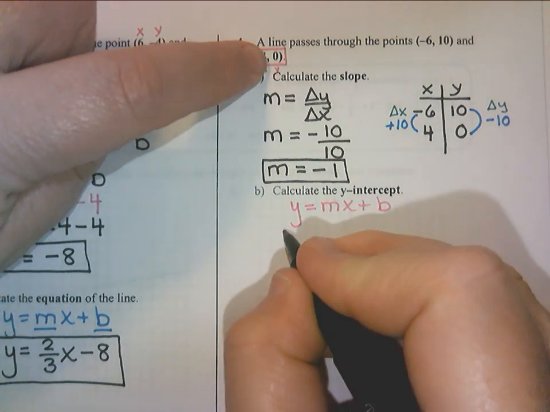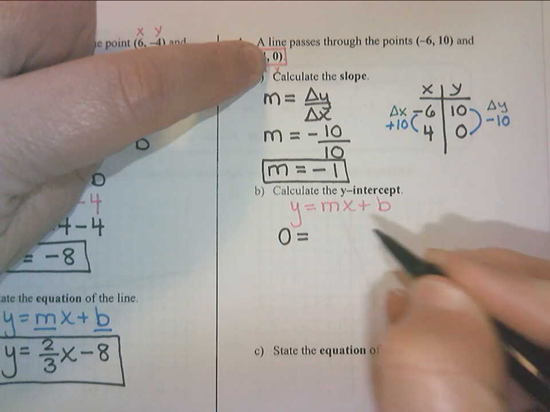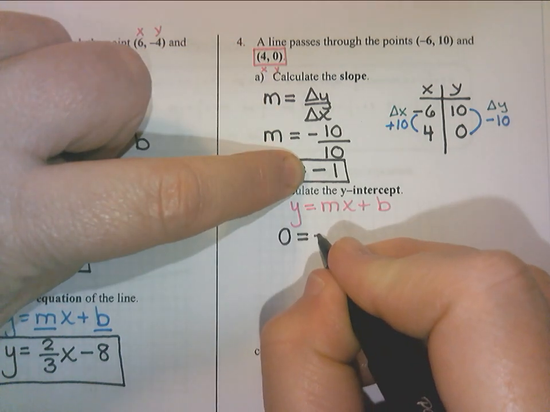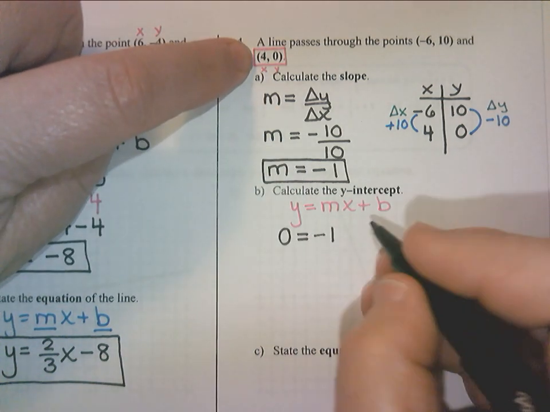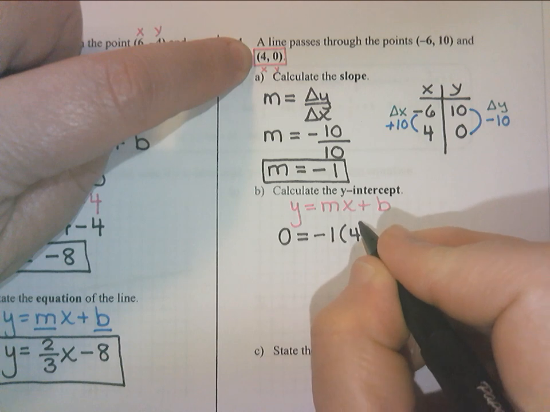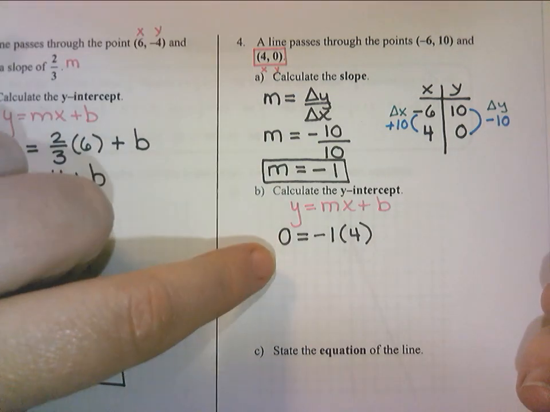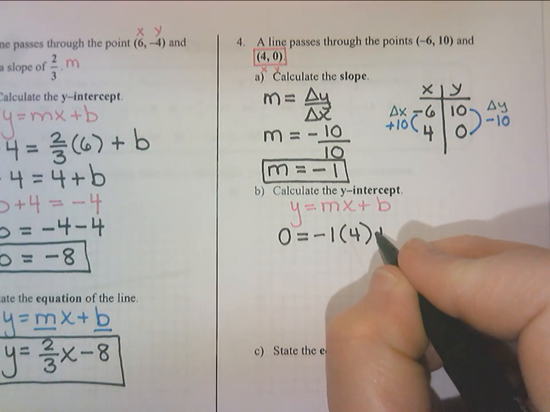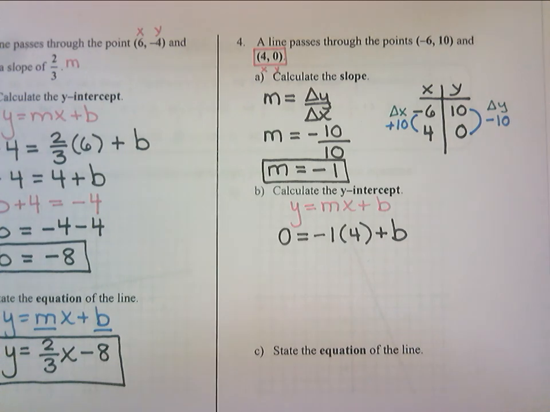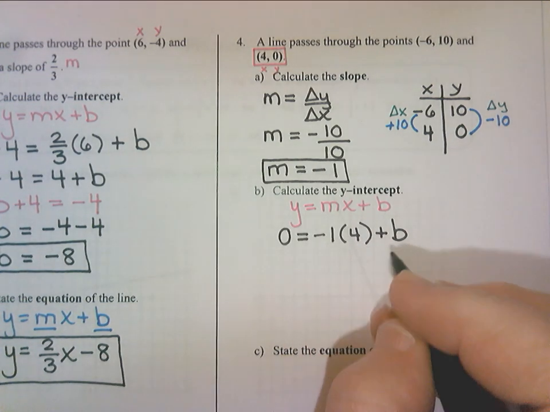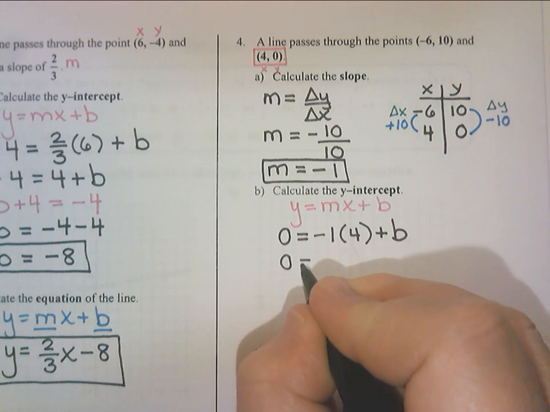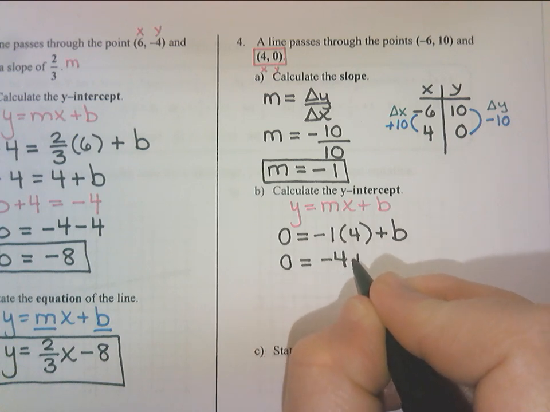So I'm choosing to do 0 equals m, -1, times x, which is 4, and then plus b, which I don't know what that is, so that stays plus b. All right, I'm going to multiply -1 and 4 to get -4 plus b.